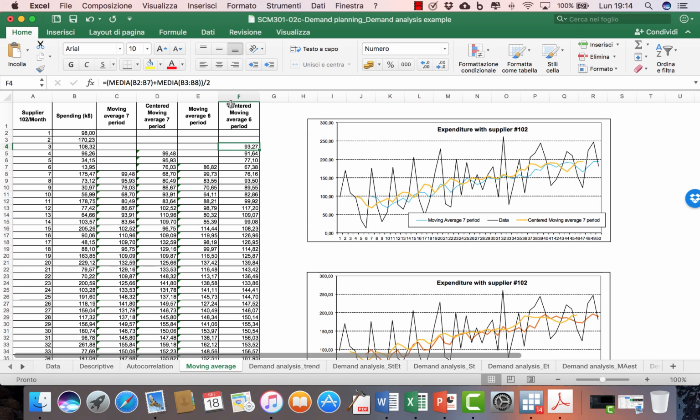So what should I include here? I will include a moving average from 1 to 6, plus the moving average from 2 to 7. If I average these two values, I obtain a proxy of the centered moving average of 6 periods.